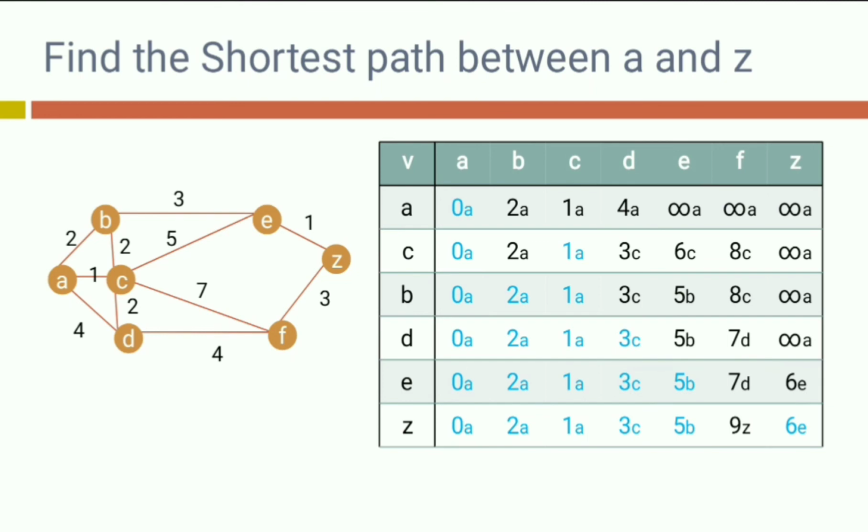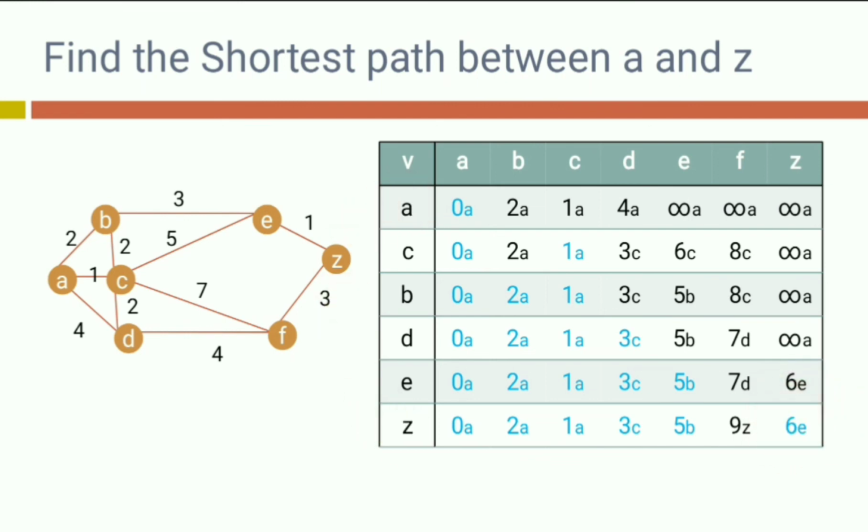Now if we have to look for the distance between A and Z, what do we have to do? Length of the distance between A and Z will be 6 because we started from A and we ended up at Z. Okay, so distance between A and Z is 6. It is given here.